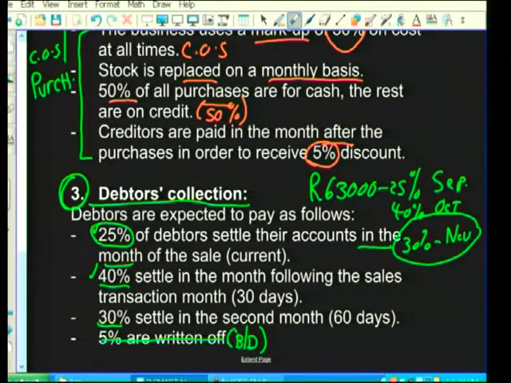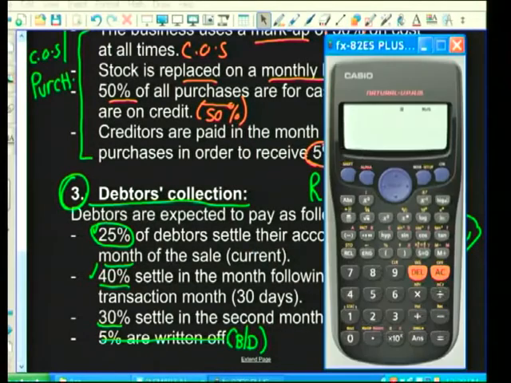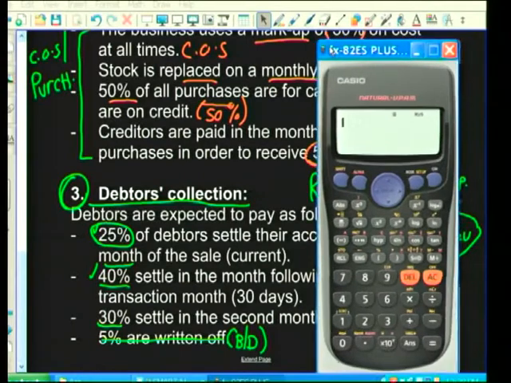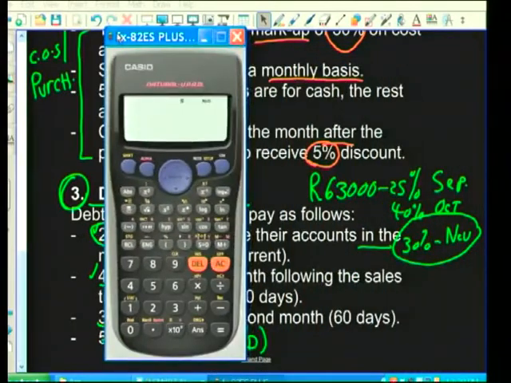And guys, that's what I want. That's what I'm going to collect in that month of November. So 63,000, let's get our calculators out. Okay, so I've got 63,000 times 30%, and that gives me 18,900, which I will collect in that month of November.